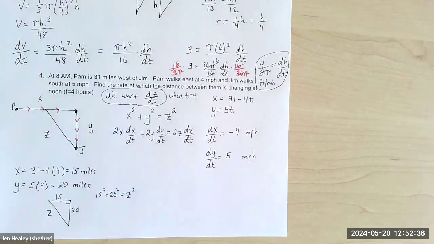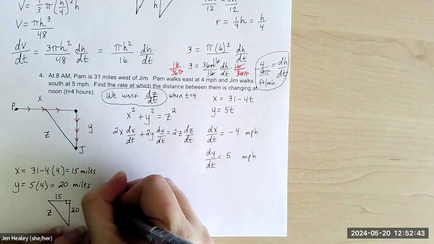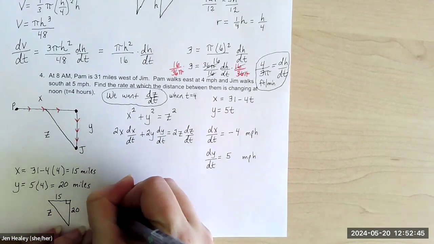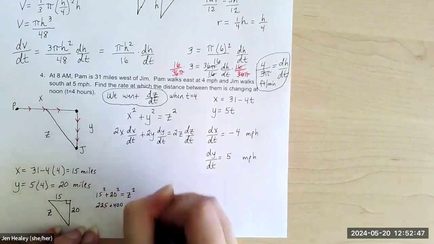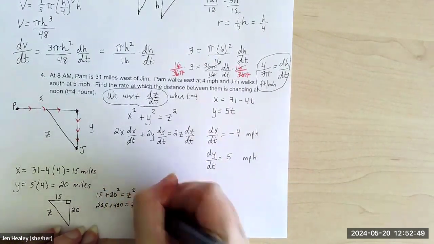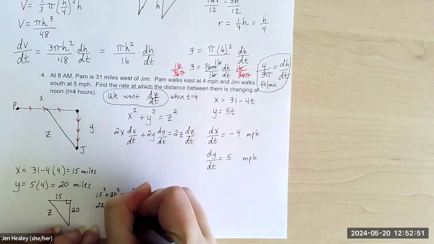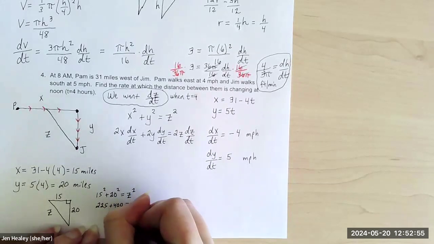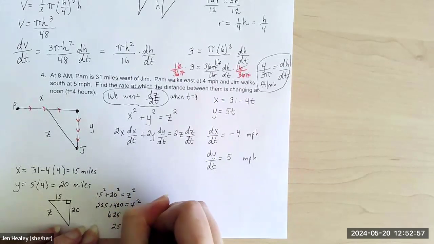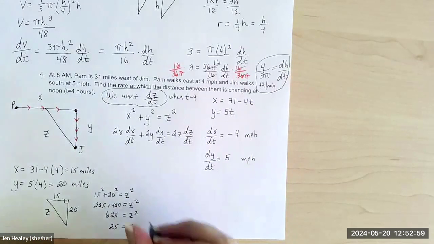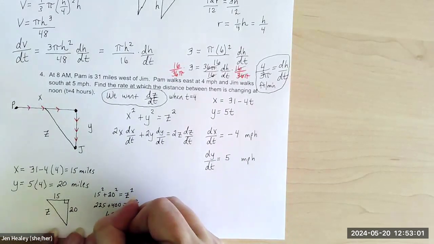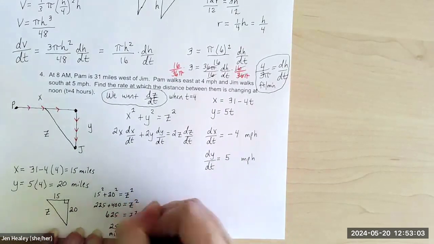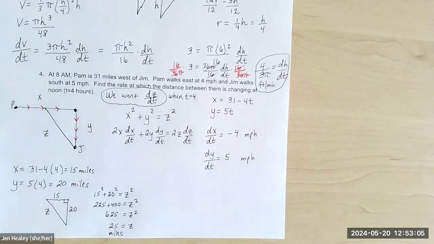So we've got 625 is equal to z squared, so that means z is equal to 25. All right.